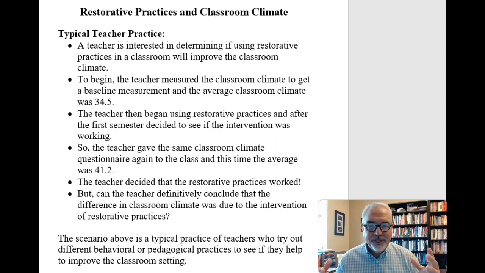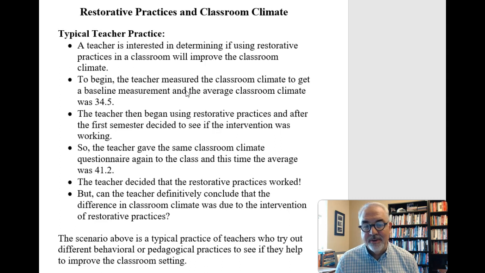A typical teacher heard that using restorative practices could really help create a better classroom climate. So this teacher decides to use restorative practices. She looks into it and decides to measure her class on classroom climate by using a classroom climate questionnaire.